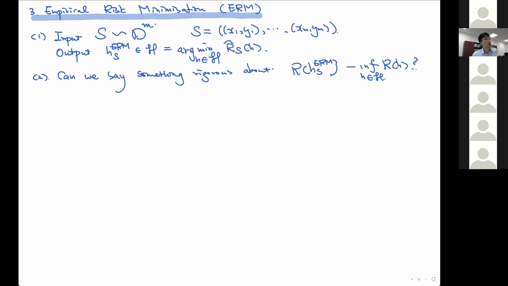Here's a result that gives information about this. It says the following. The textbook doesn't write this as a theorem; this type of result is just mentioned in the text, so I wrote it as a theorem.